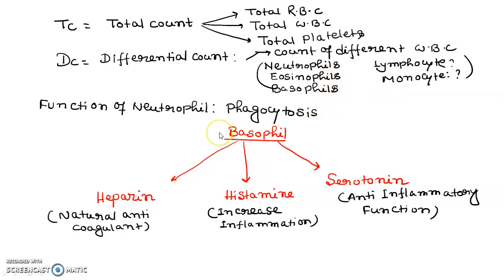In case of function, neutrophils basically are involved in phagocytosis. Basophils have three types of secretions: heparin, histamine, and serotonin.